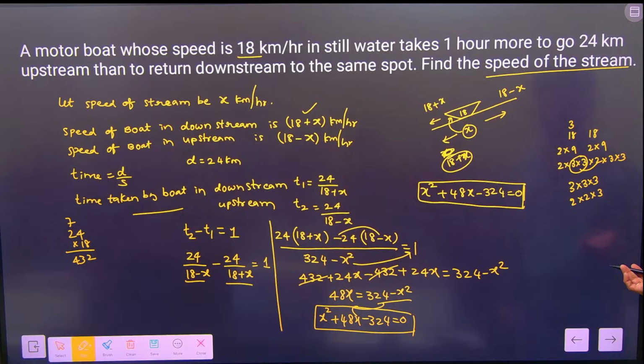We are not getting, no? One more 3 should be there, no? 6 into 54. Huh? So 2 into 3, one factor, 54 is one factor.